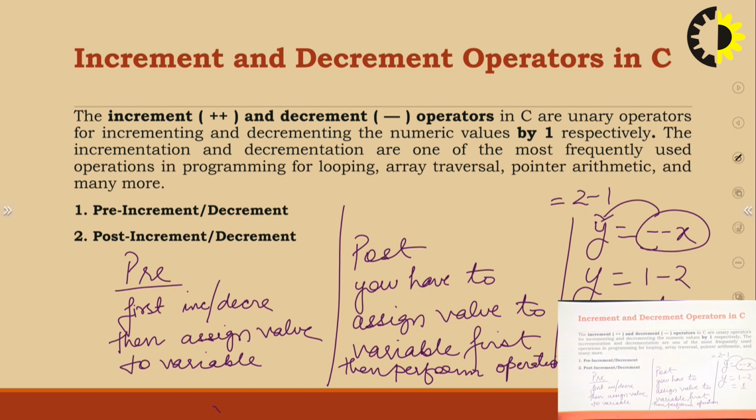Okay, for pre, first increase or decrease the value and then assign it to the variable. And here you have to first assign the value and then perform the operation. Clear? Okay. Now let's see further.